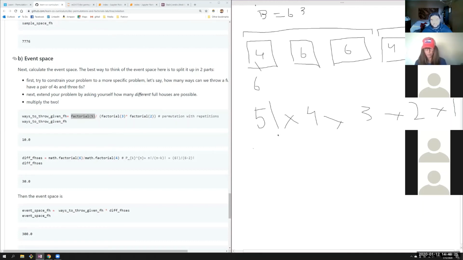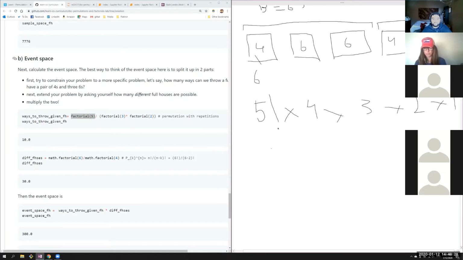The way that I think about it is 5 factorial tells us all the possible ways to draw A, B, C, D, E, and F. But let's imagine for a second that A, B, and C are 4s. Because of that, they're not really unique, so we can take that out, because B, A, C and C, A, B are for our purposes equivalent, since it's still going to be 4, 4, 4.